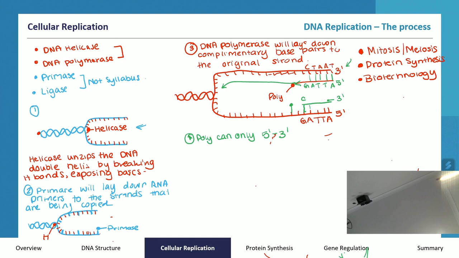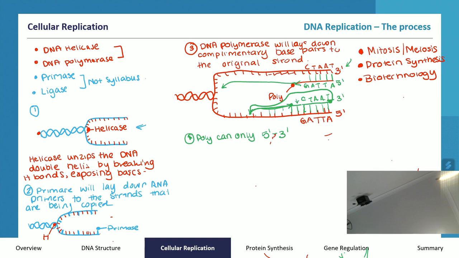So C, T, A, T. And then once it gets to the end of the strand, it has to jump back to a position it hasn't been to and continue replicating until it gets to the base pair before the base pair that it started on the previous time. So it would jump back until here and then continue building the strand until it got to this point.